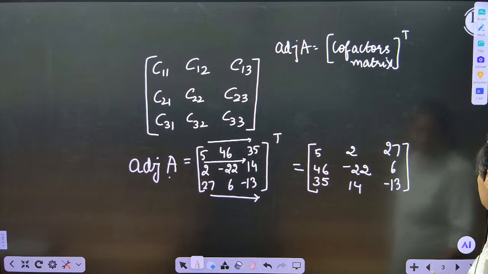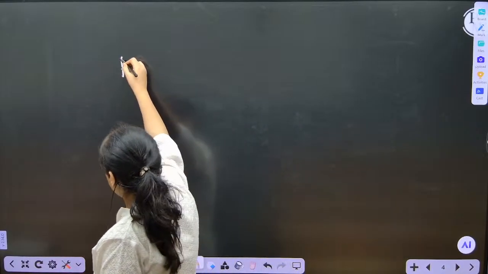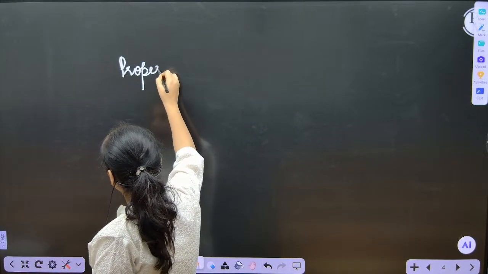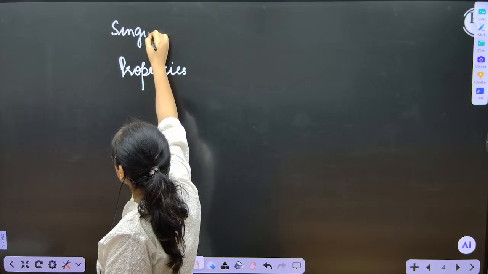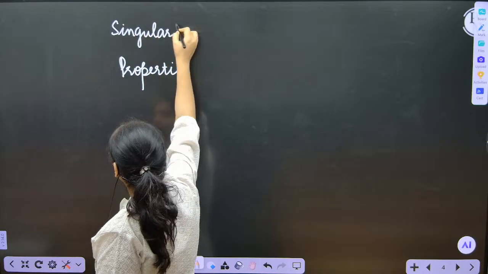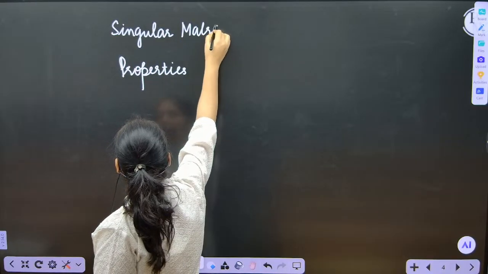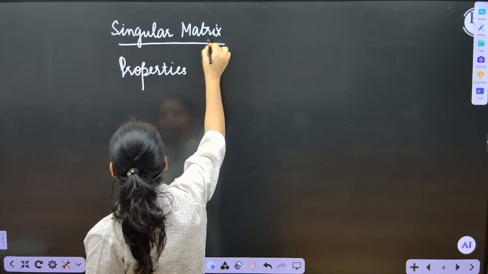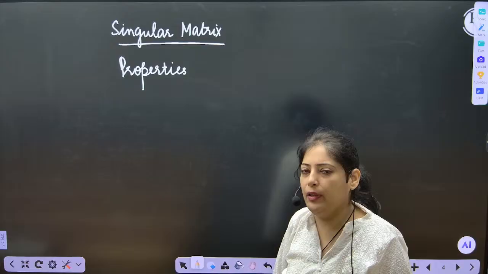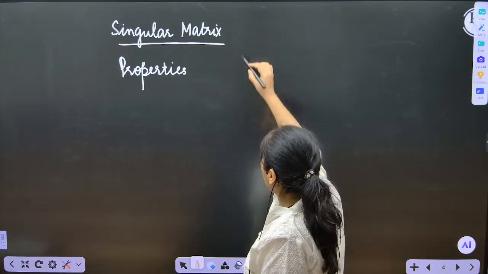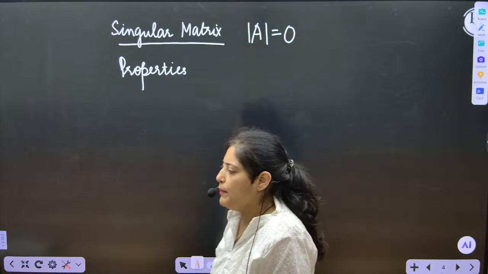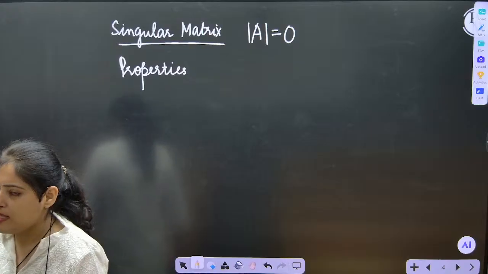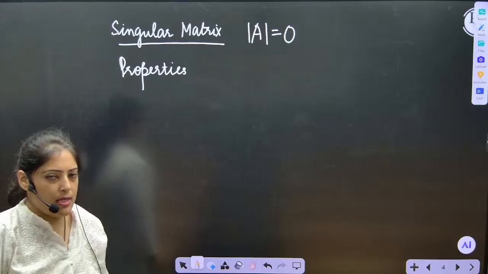Next, properties. Before that, one thing I'm telling you, singular matrix. What is the meaning of singular matrix? If any matrix is given and its determinant is coming out to be 0, that matrix is known as a singular matrix.